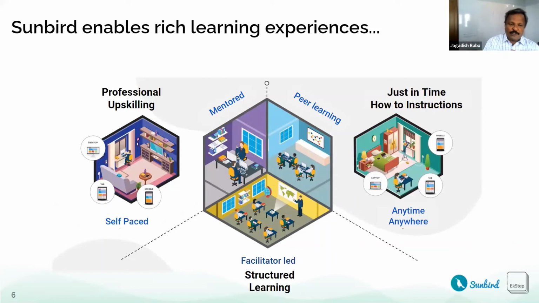So it could be self-paced upskilling, a mentored learning process, a peer learning process, which may happen online, offline, synchronously, asynchronously, right? Facilitator-led instruction, where there is a facilitator who would facilitate the overall skill development process, and anywhere, anytime, right?